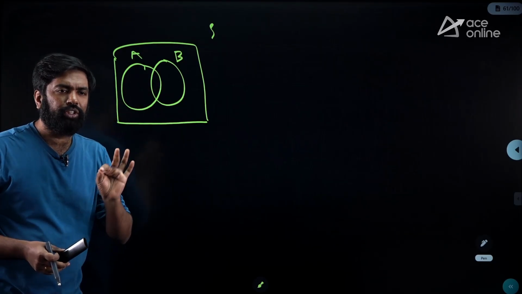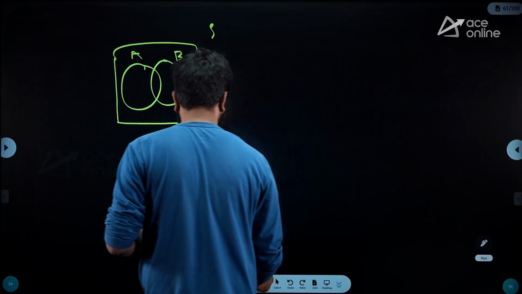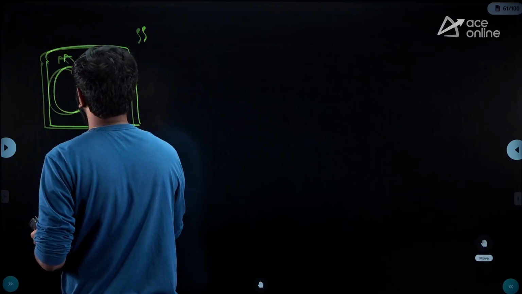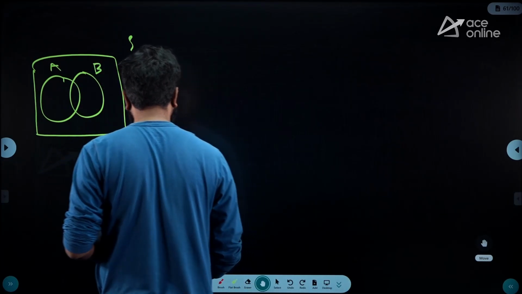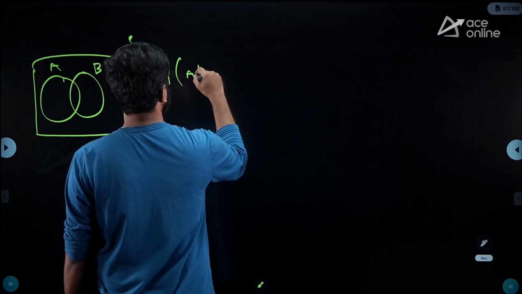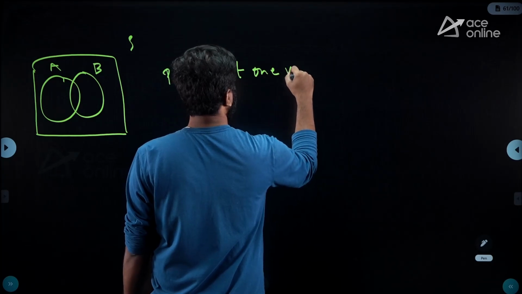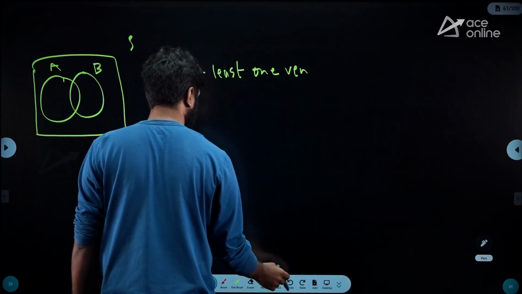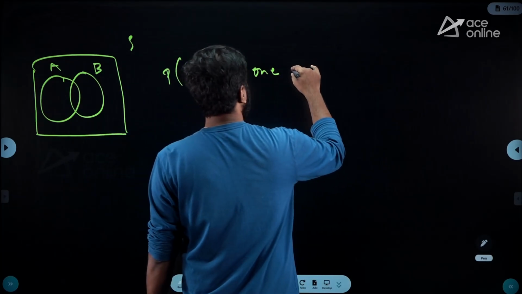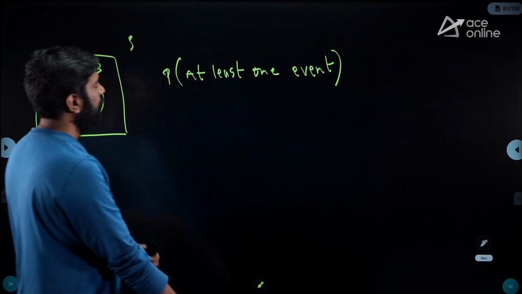If I ask you what's the probability of at least one event, what will you find? What is the probability of at least one event?